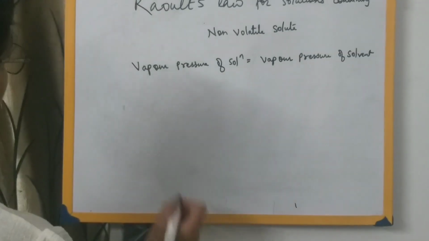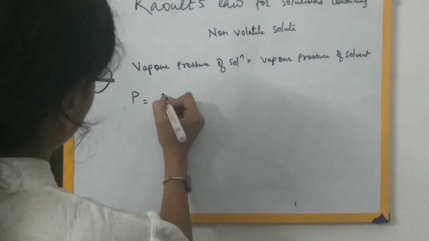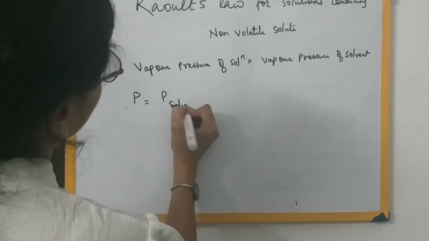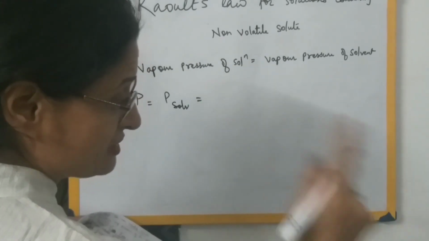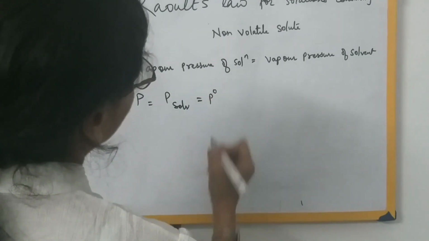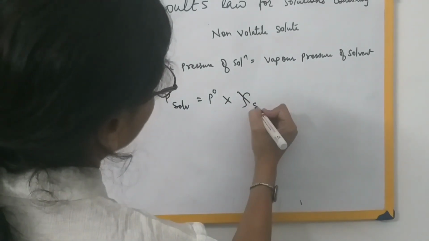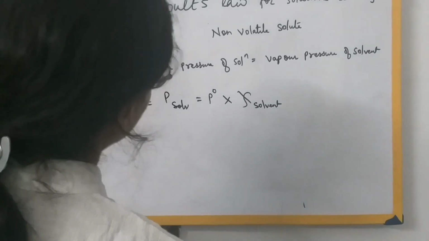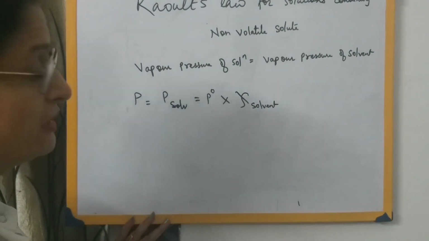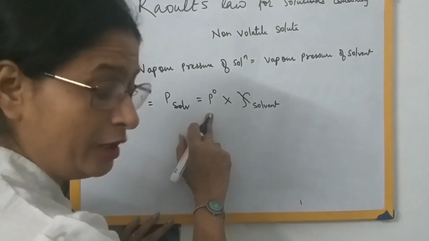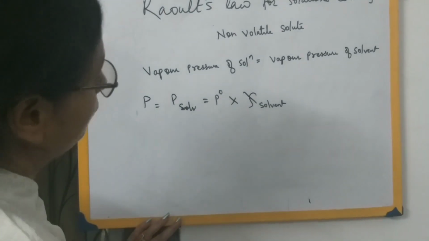So the pressure of the solution is equal to the pressure of the solvent, and we've already studied that the pressure of a component, if the component is pure, is P0 of the solvent into the mole fraction of the solvent. Just some time back I told you, if any component is present, the vapor pressure of that component is equal to the product of the component in the pure state and the mole fraction of the component.